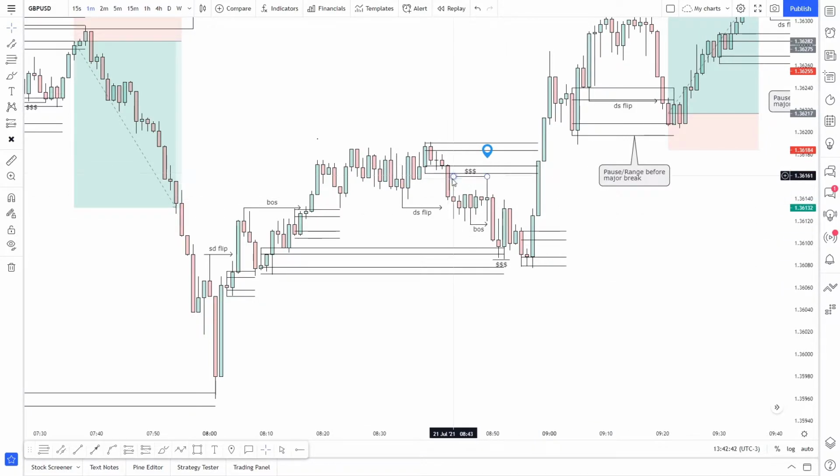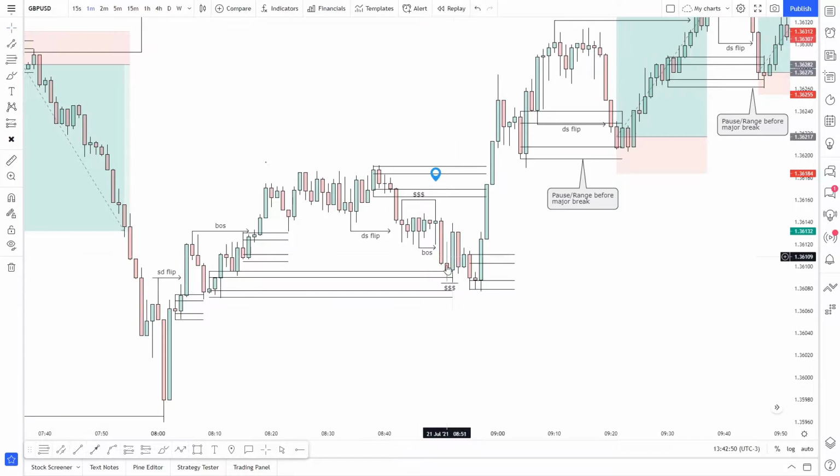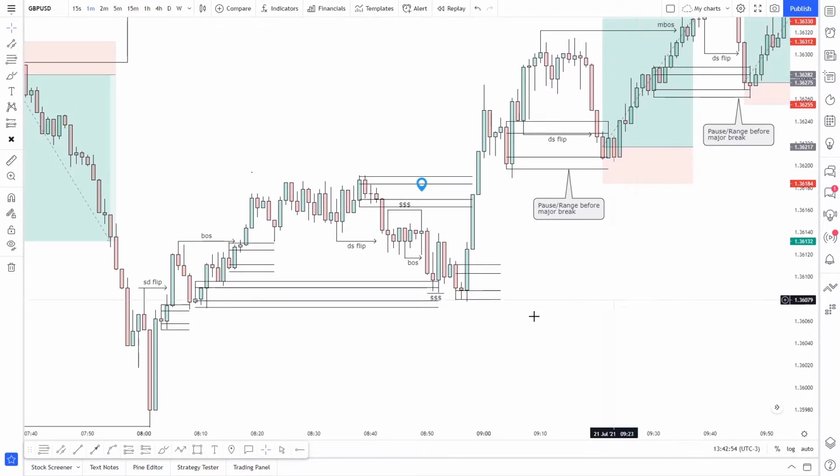But yeah, I just identified that immediately as liquidity, because as you can see, those are really equal highs, right? So the price creates a little bit of liquidity, comes back down, takes that liquidity and continues to push higher, and at that point when I see this break right here, which happened pretty fast, I placed this trade.